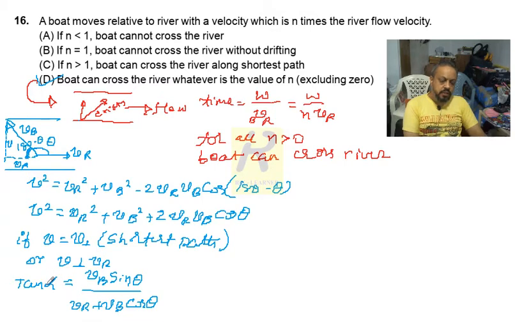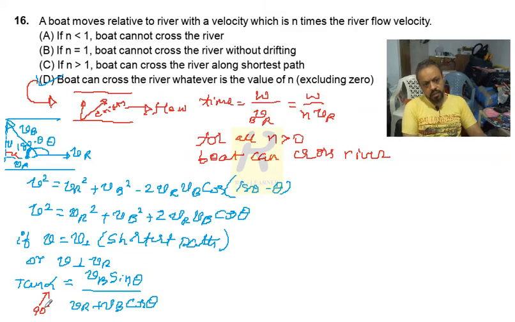Since we know v is perpendicular to vr, alpha is nothing but this one, this is alpha. So alpha is 90 degrees when the boat is crossing perpendicular to the river.